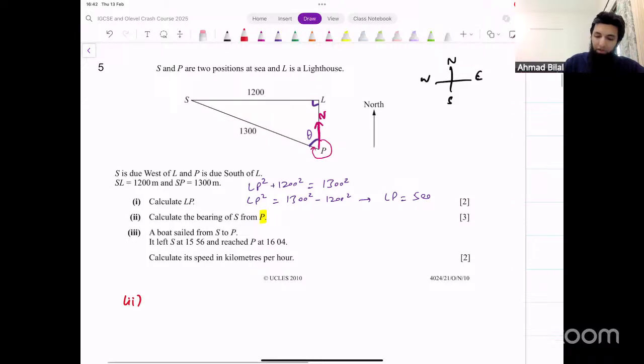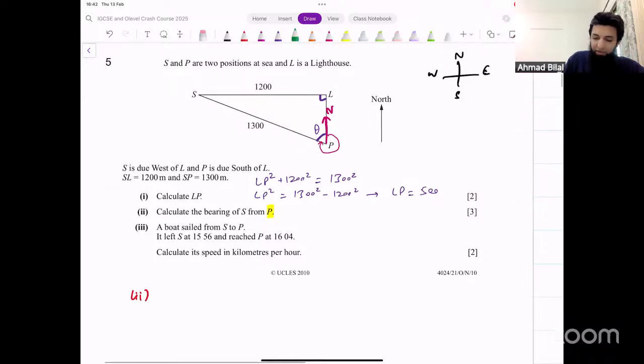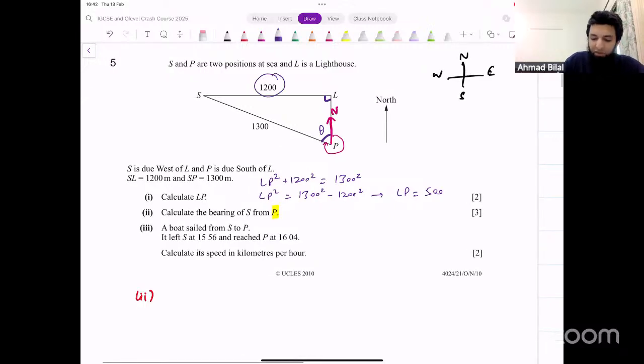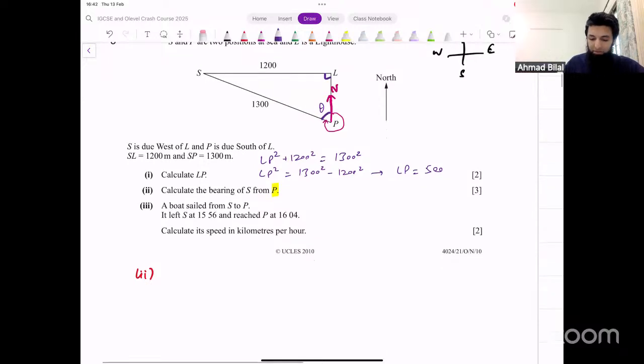Part two, we have a right angle triangle. We're looking at this angle theta. We have all three sides of the triangle now, so we can use sine, cos, tan, any of them. If we were to use the sides that are given in the question itself, which sides are these? With respect to theta, 1200 is opposite, that means perpendicular, and 1300 is hypotenuse. What's the ratio between perpendicular and hypotenuse? It's sine.